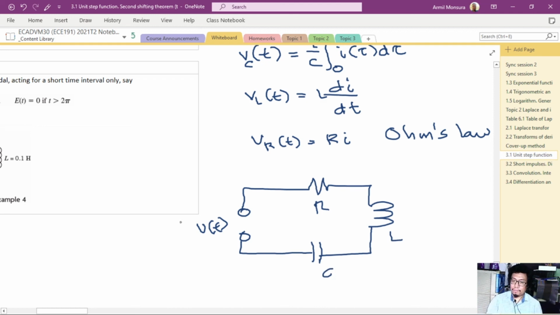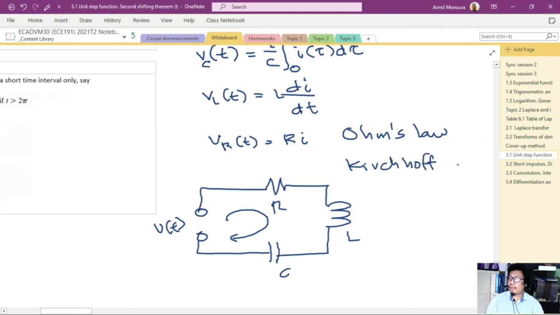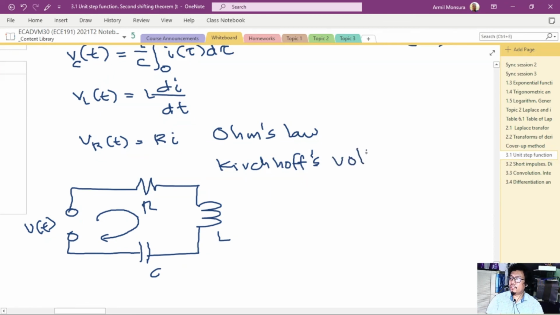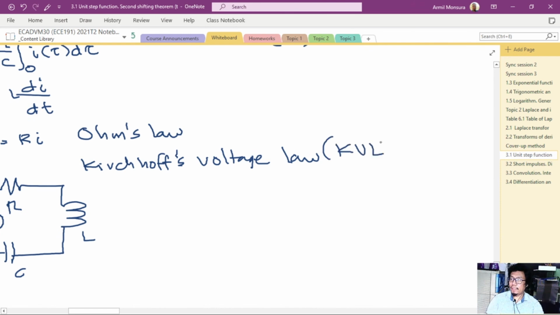If this is a series circuit and you want to get an equation from it, you would have to use what we call Kirchhoff's voltage law, or simply KVL.